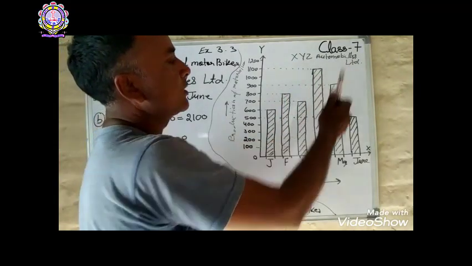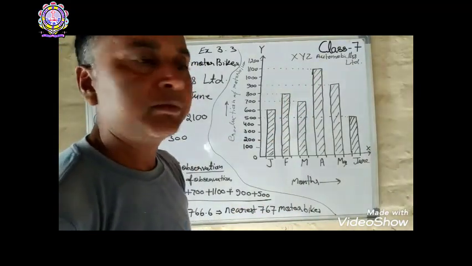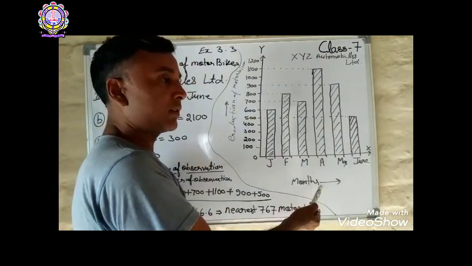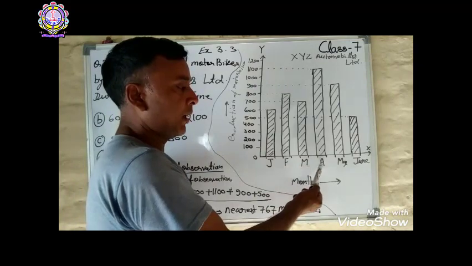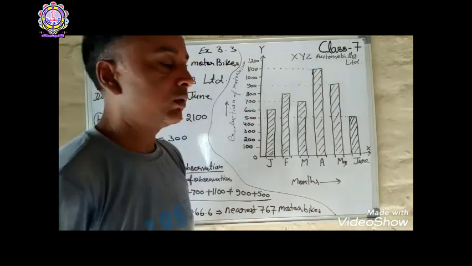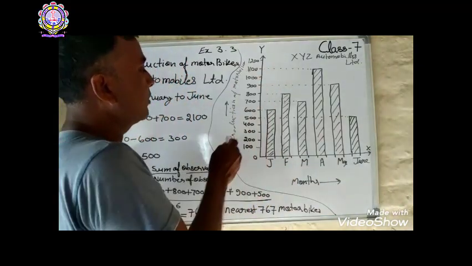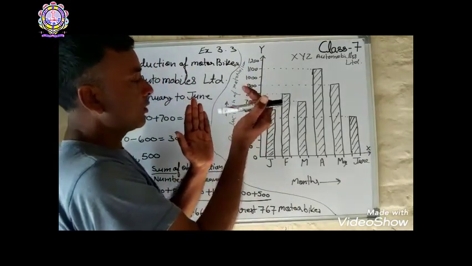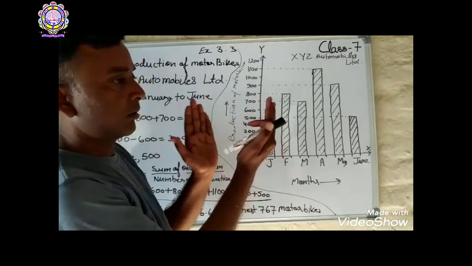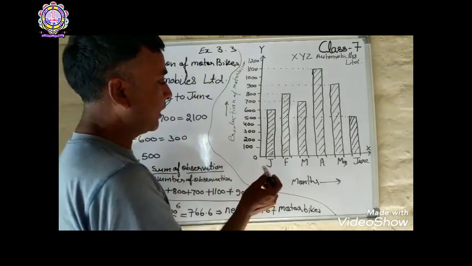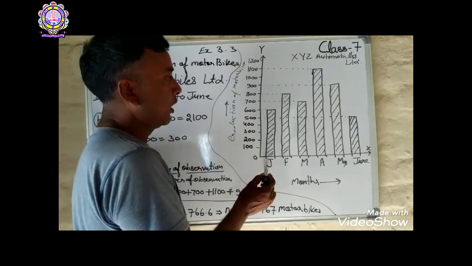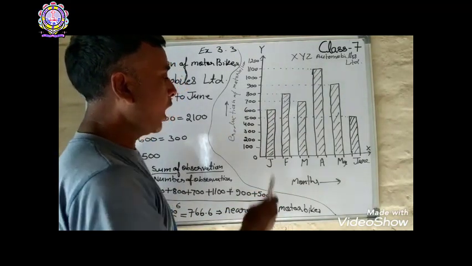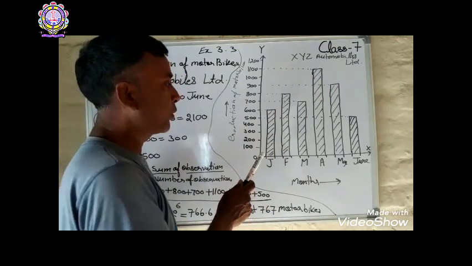XYZ Automobiles Limited. This is the company name. On the x-axis you see the months: January, February, March, April, May, and June. On the y-axis, production of bikes. So first, check the bar graph. In the month of January, how many motorbikes did XYZ Automobiles produce?